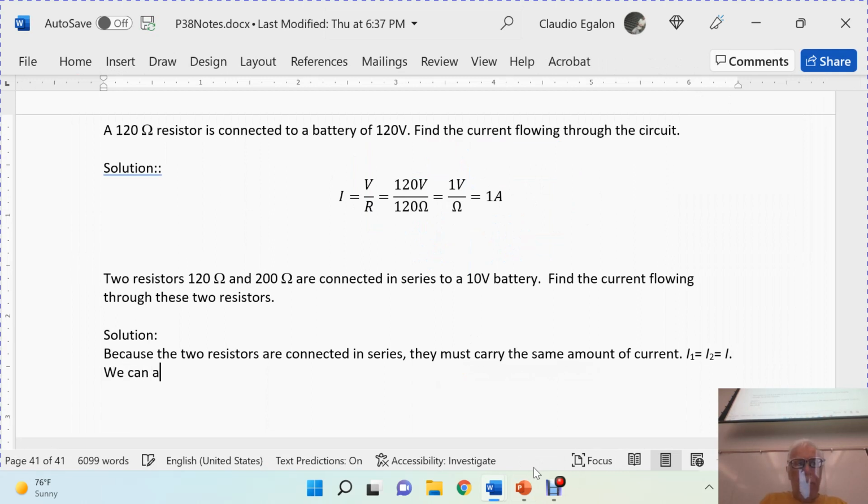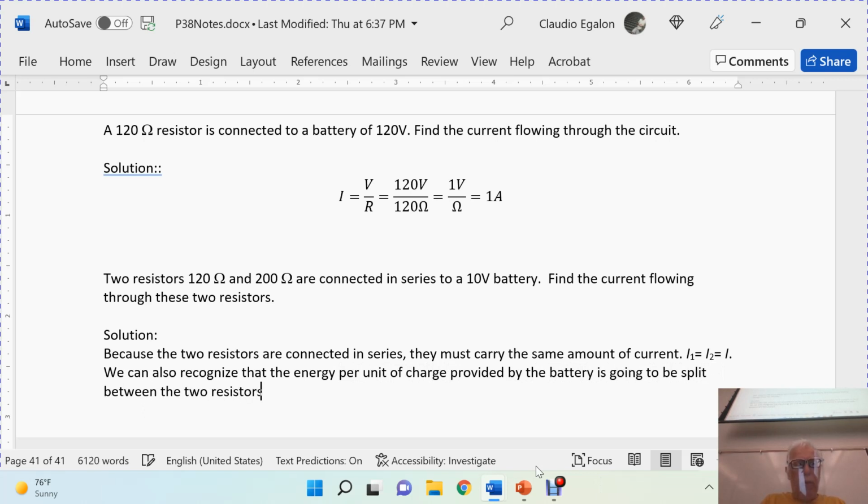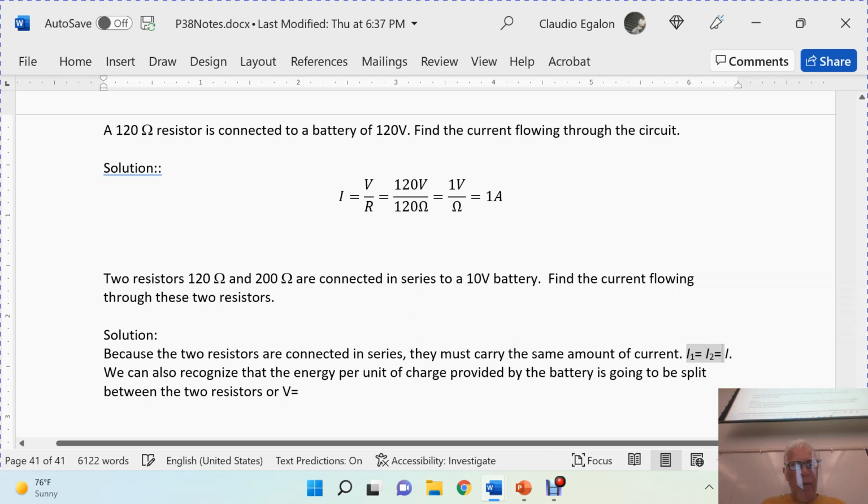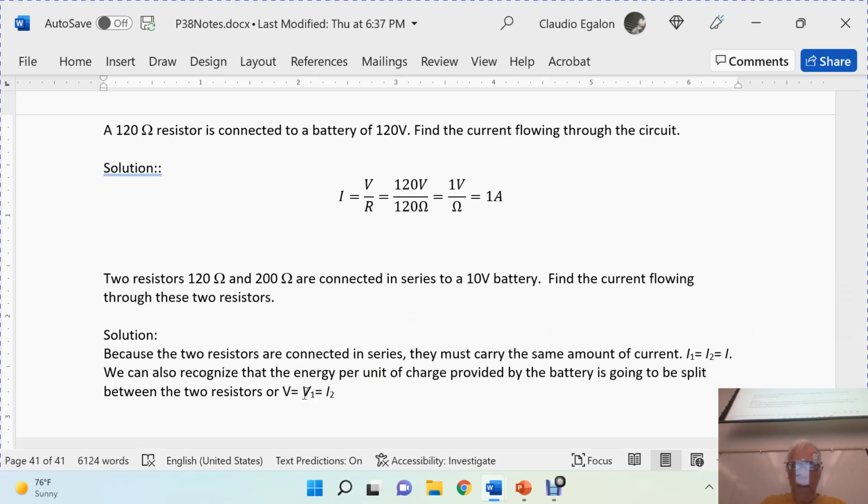We can also recognize that the energy per unit of charge provided by the battery is going to be split between the two resistors, or V must be equal to V1 plus V2.